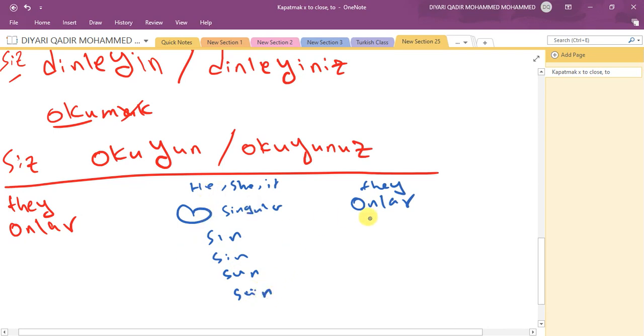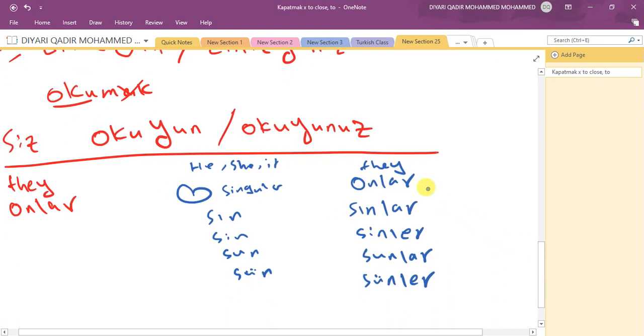Now for onlar, for they as a plural, all I need to add to this suffix is just lar or ler. Oku, sunlar, sinler. Why did I use lar or ler?